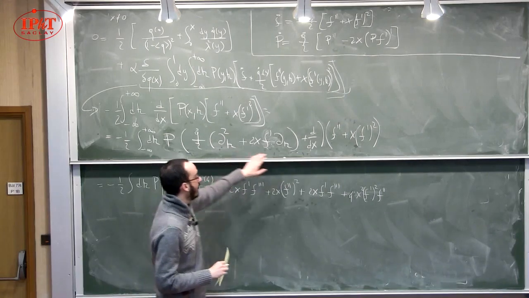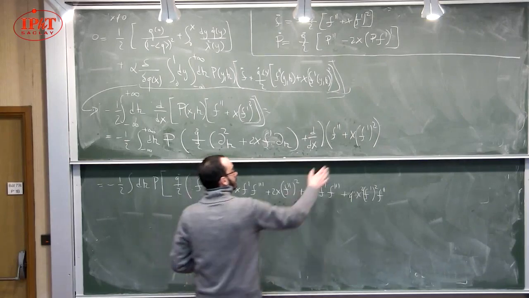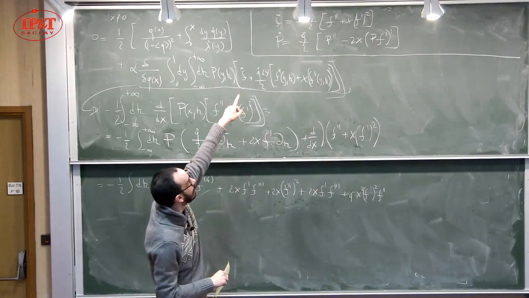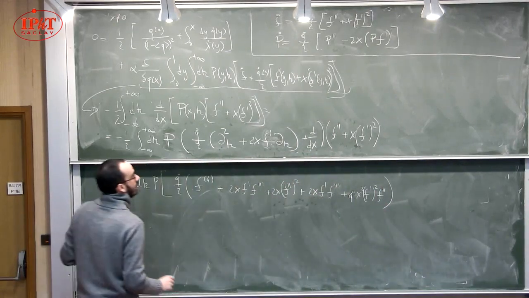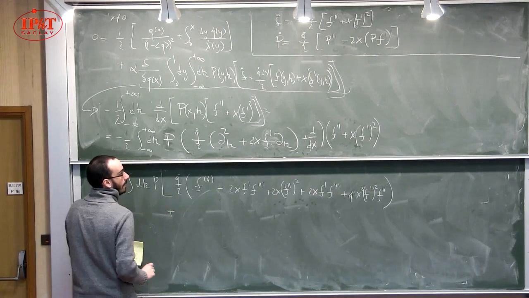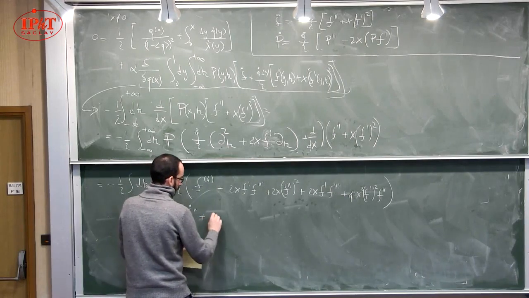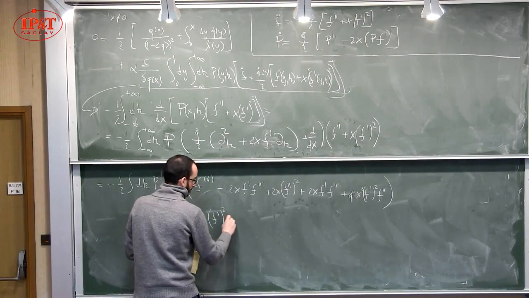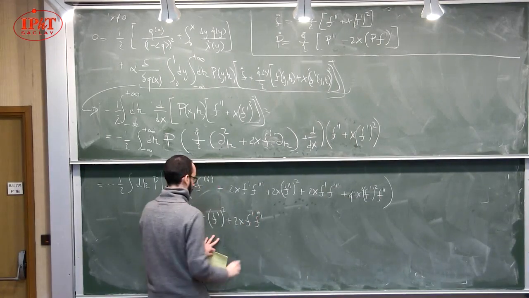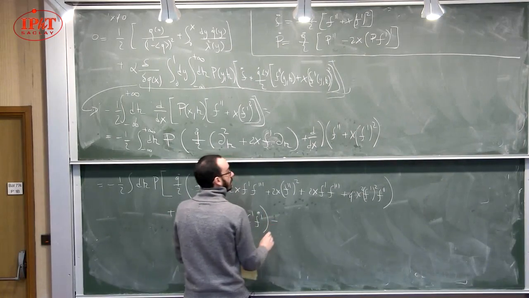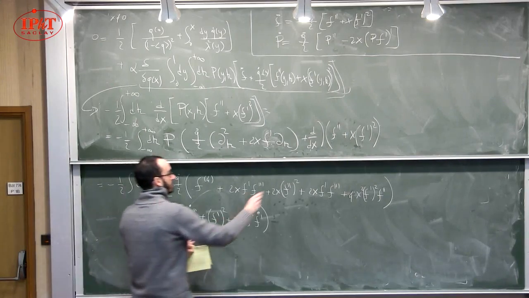Okay. And now we have to take this derivative applied to this term, and we will use again the flow equations for f. So this is the first term, and then we have plus, okay, so I've just taken this derivative.